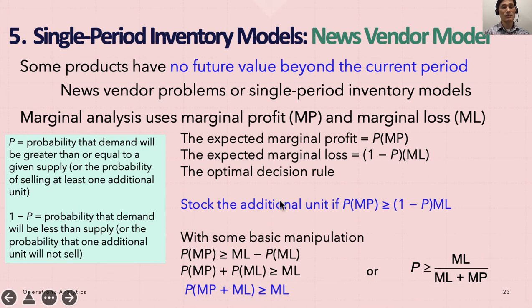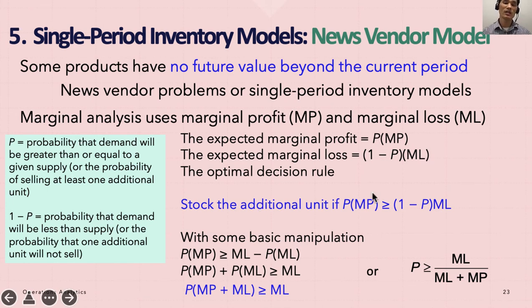And if you use that, the optimal decision rule is to stock the additional unit if P times marginal profit is greater than 1 minus P times marginal loss. And this is the logical result of the rationalization of the inventory cost.